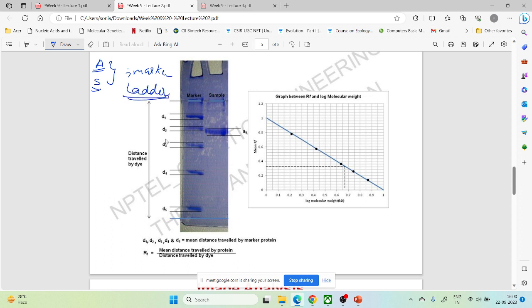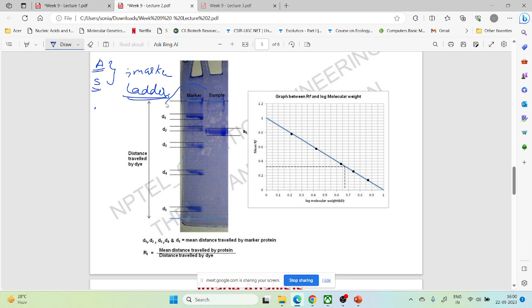What does a ladder or a marker mean? Basically you have bands at definite locations that are already known. Suppose you have run your ladder sample in one lane and your sample in another lane. You get a lot of bands, 1, 2, 3, 4, 5, 6.